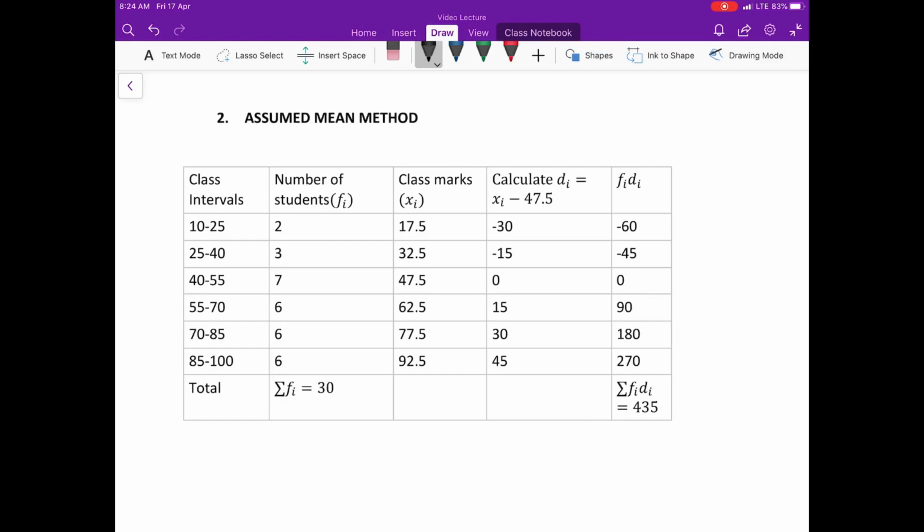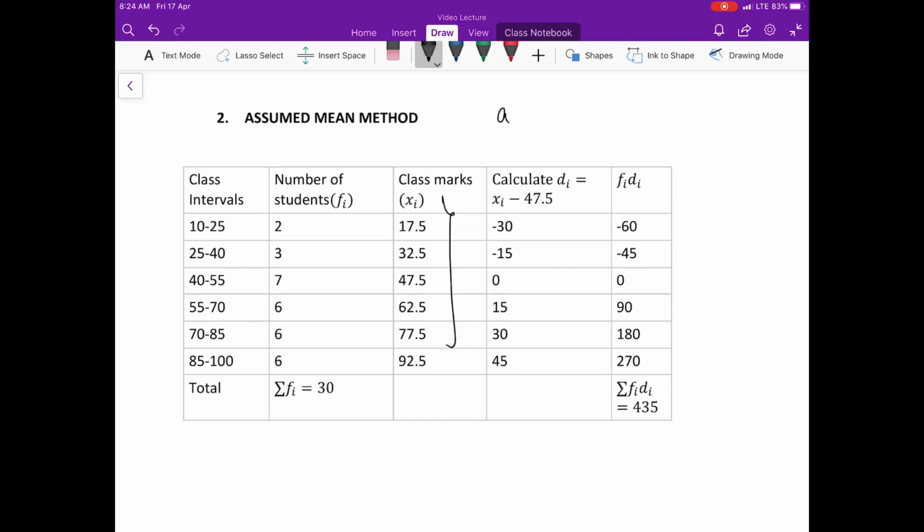To remove this tedious task, we have another method, the assumed mean method, where we assume a value a, and that a is a middle value of xi.